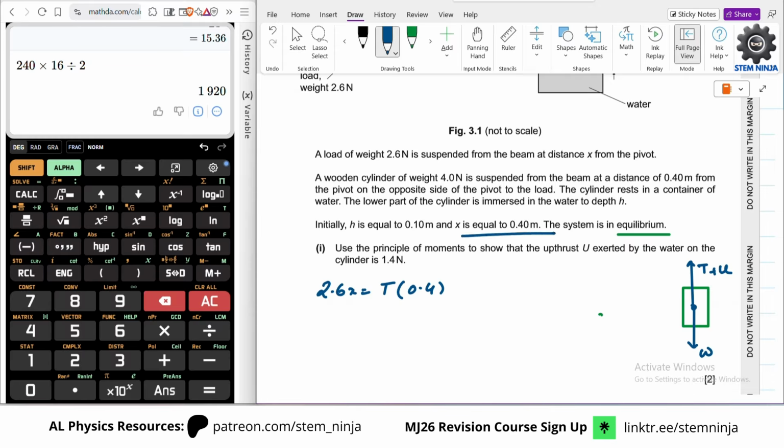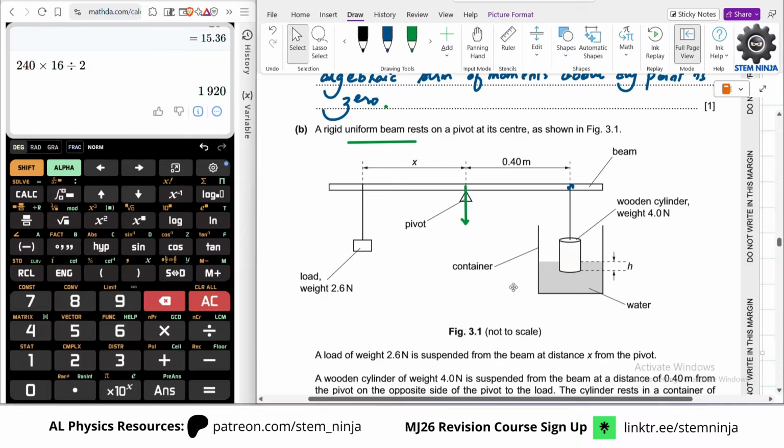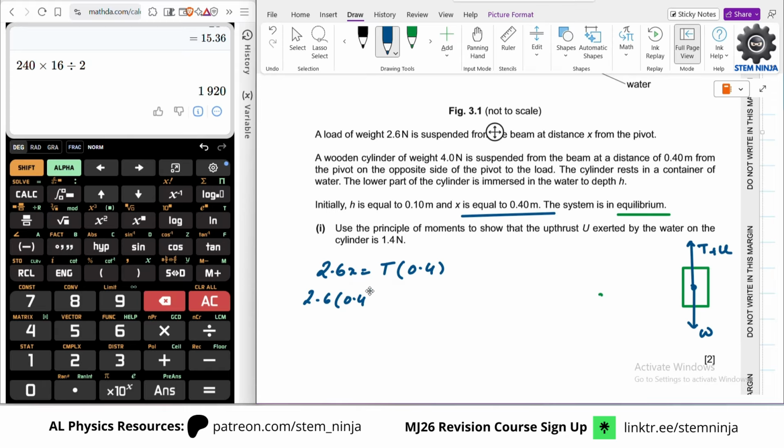X is initially 0.4, no, wait, x is equal to, right, okay, so we were right about this, 0.4, which means that tension at the moment is 0.4.